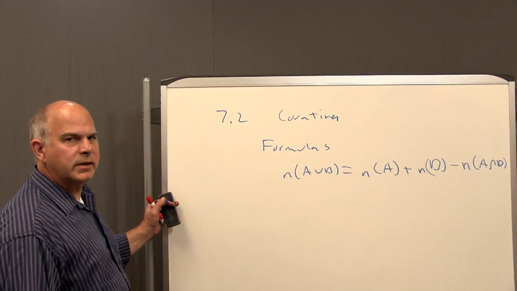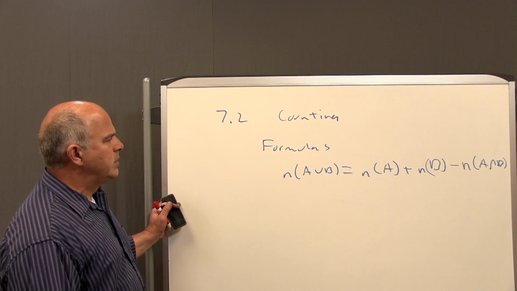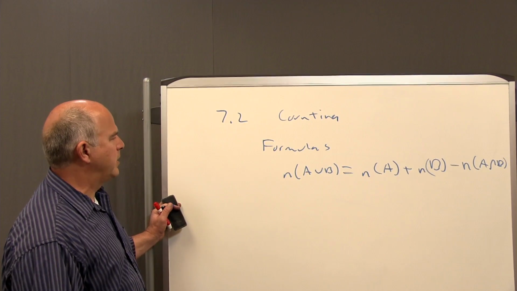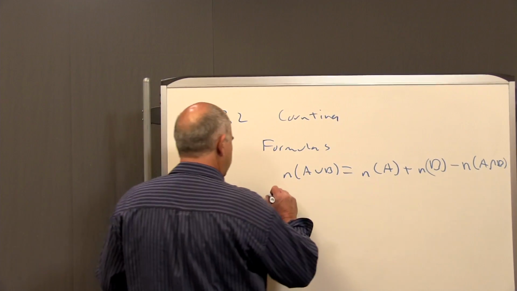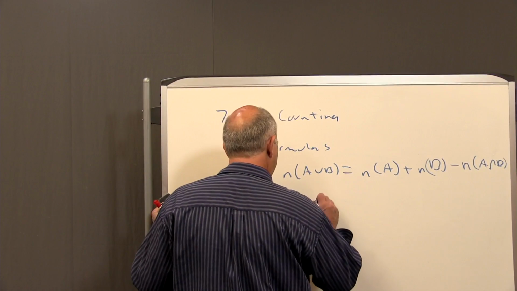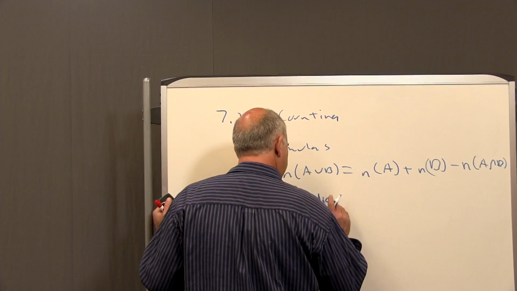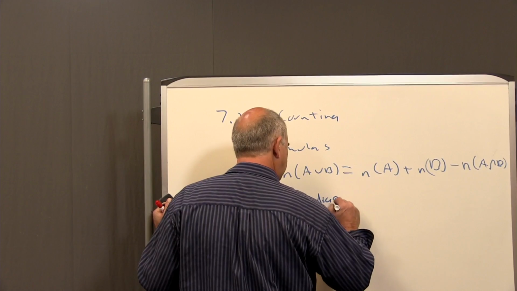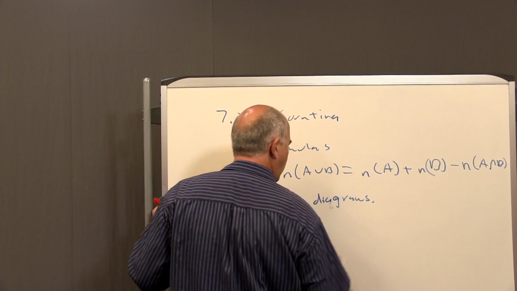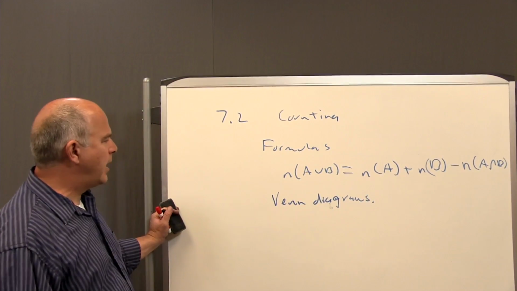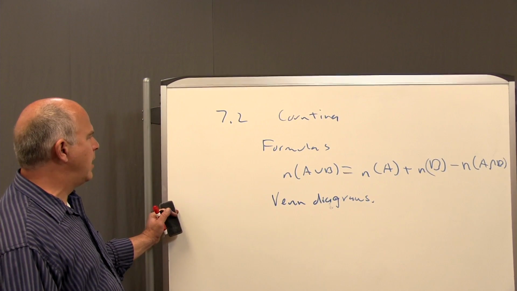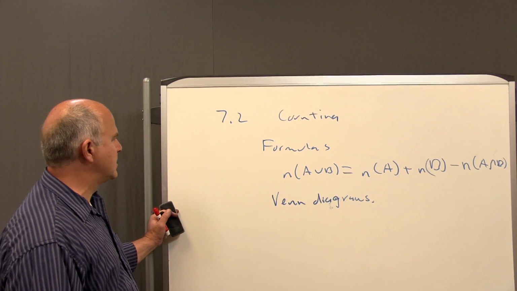That's basically the same formula we'd use for probability, but with probability that had P's on it. We also use Venn diagrams. Venn diagrams are a good way to count things.